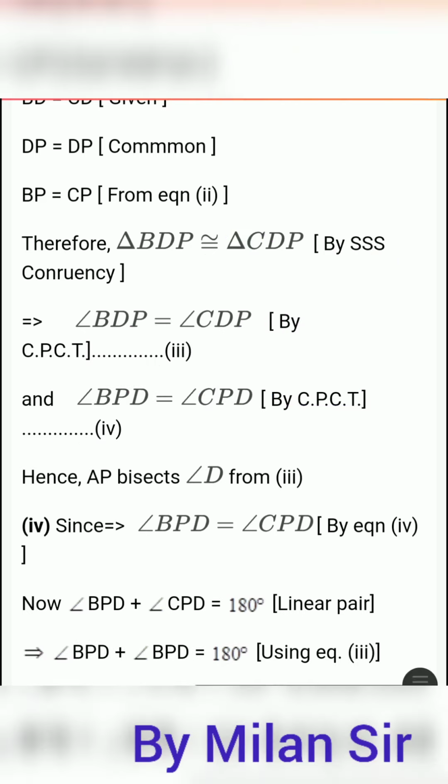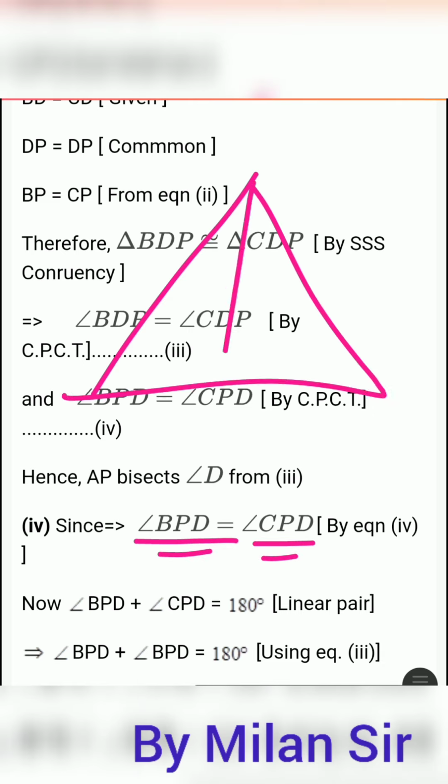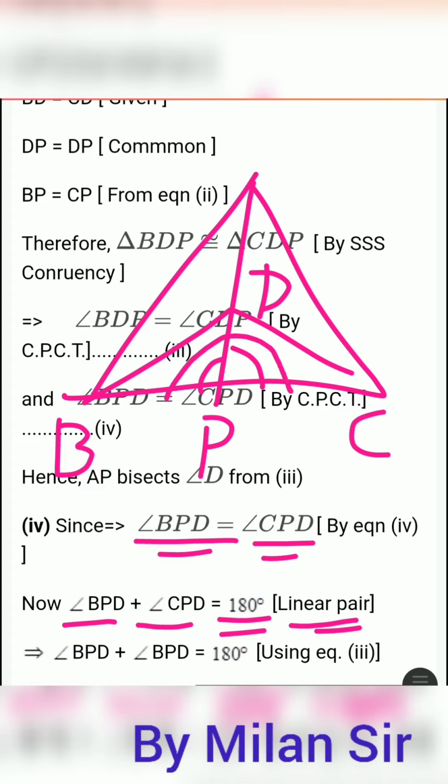So from here we can say that angle BPD is equal to angle CPD. Here we have D, P, B and C. These two angles are same. Now angle BPD plus angle CPD is equal to 180 degree, because they are a linear pair of angles. If we add these angles, it makes 180 degree. So the addition of both the angles is equal to 180 degree.